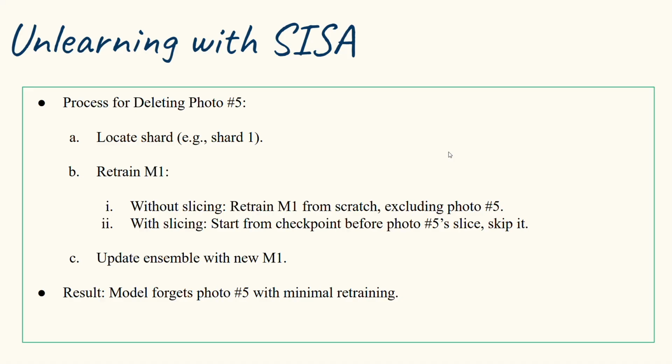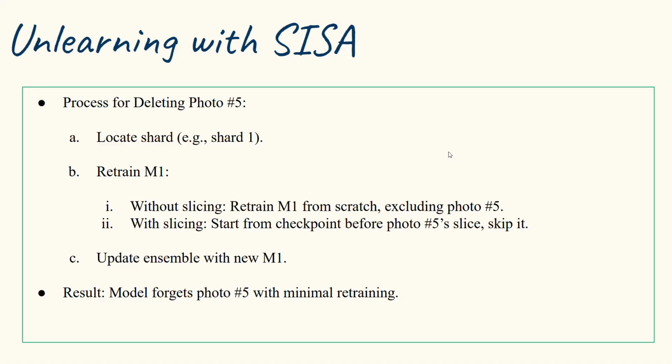If we train M1 without slicing, we simply retrain it from scratch, leaving out photo ID 5. But if we use slicing and that photo is in slice 2, we can rewind to the checkpoint just before slice 2 and continue the training without it.